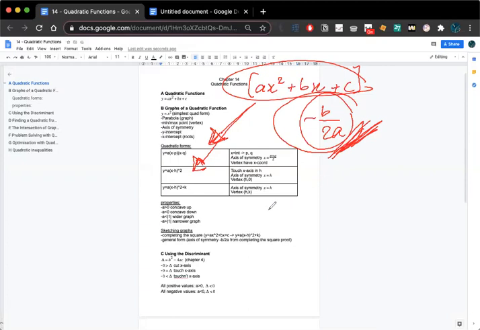you have to factor out the a. How you do it is that you divide everything by a, so the a can go out.